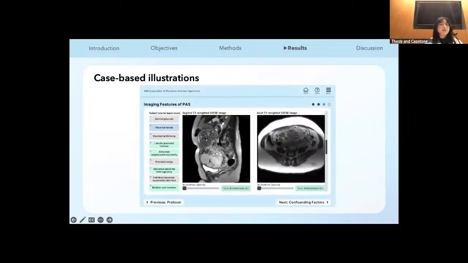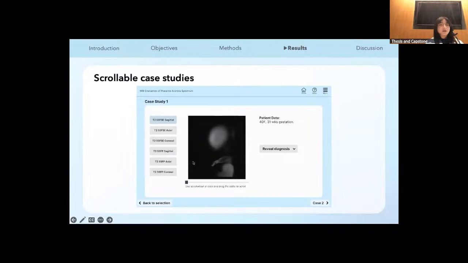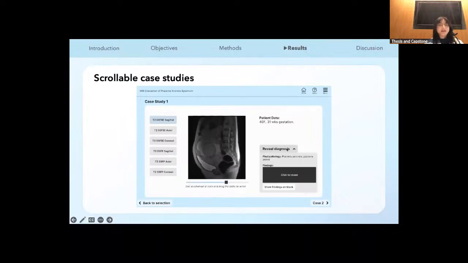I also developed case-specific illustrations and incorporated them into the module with opacity sliders to help clarify the relevant features. And these are annotated as well. I also incorporated some scrollable case studies into the module, which have labels as well.